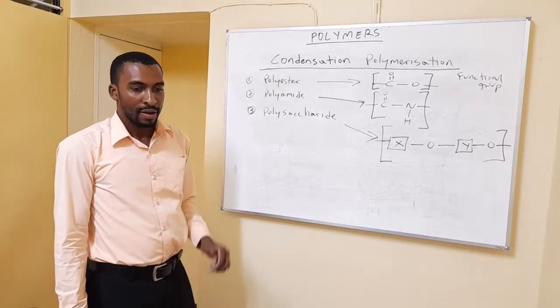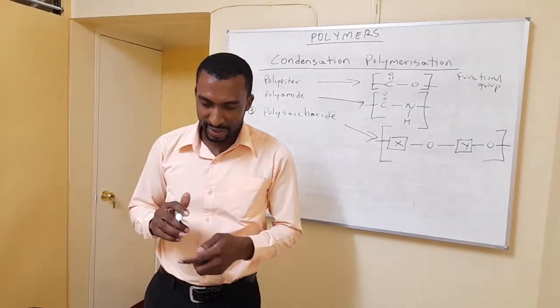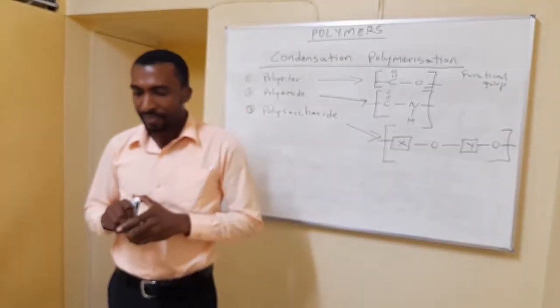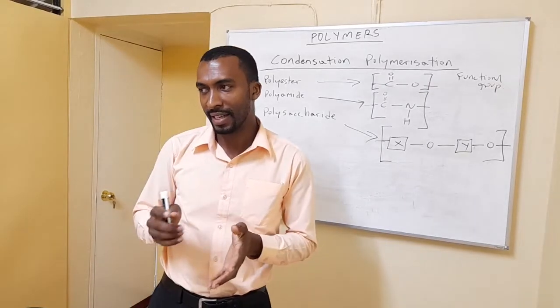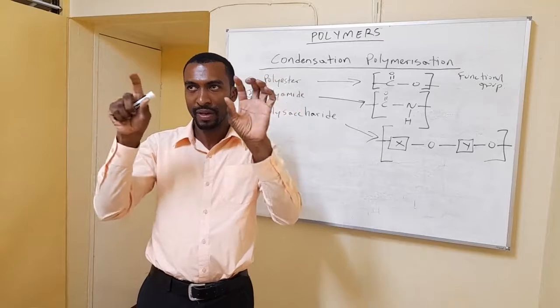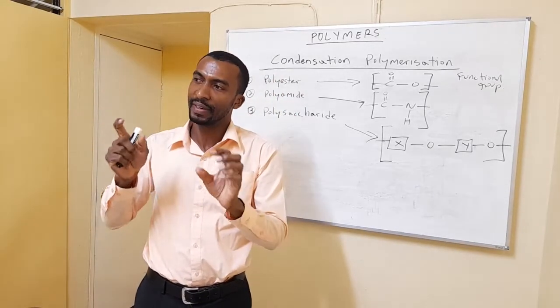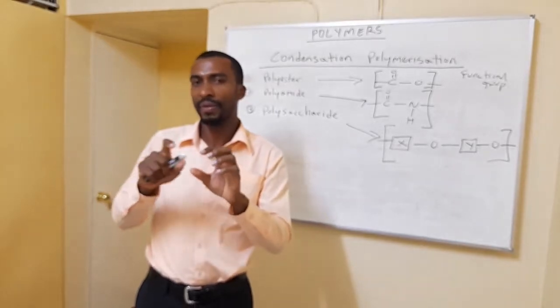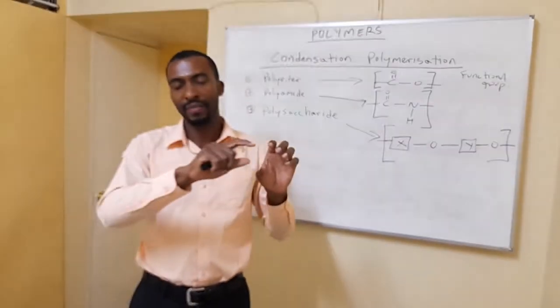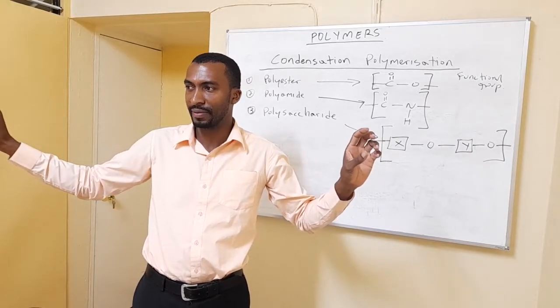Now, as you know, with the condensation polymers, we'll have to have diacids and dialcohols, right? So both ends of the monomer will have to have functional groups that can react. That's the only way we would have the possibility of making a long chain of the molecules via condensation.